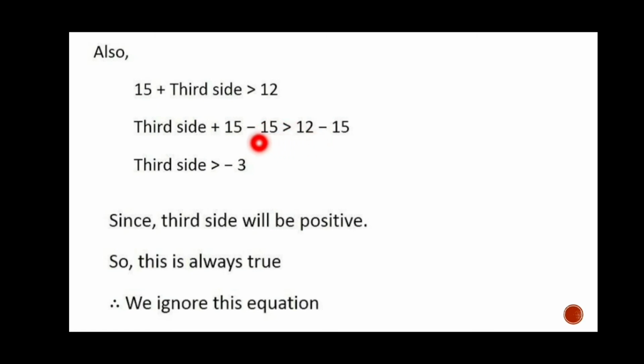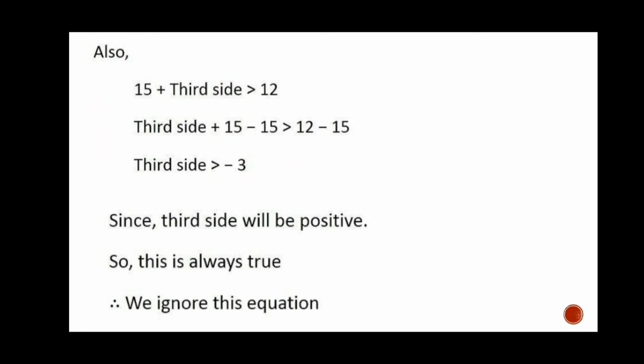Minus 15 minus 15, 15 minus 15 becomes 0. So here only the third side is left, and 12 minus 15 is minus 3. Now children, a side cannot be a negative value, so we will ignore this equation. We will not consider this one.